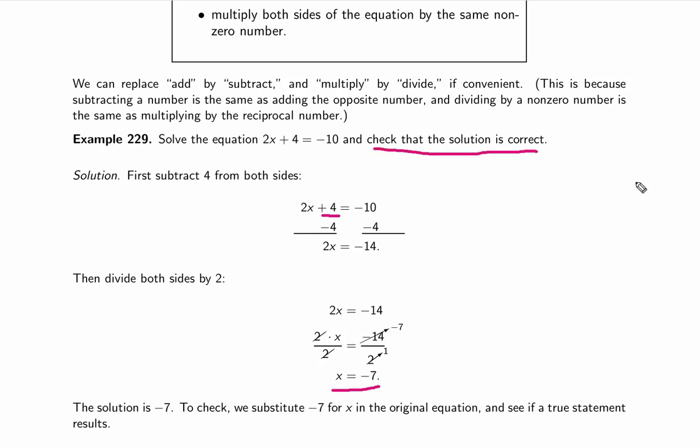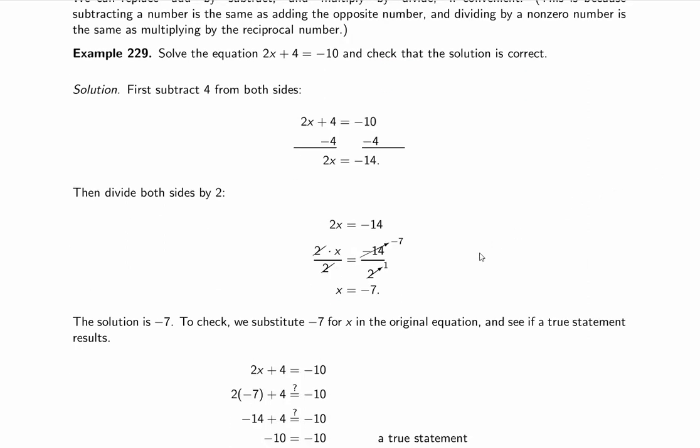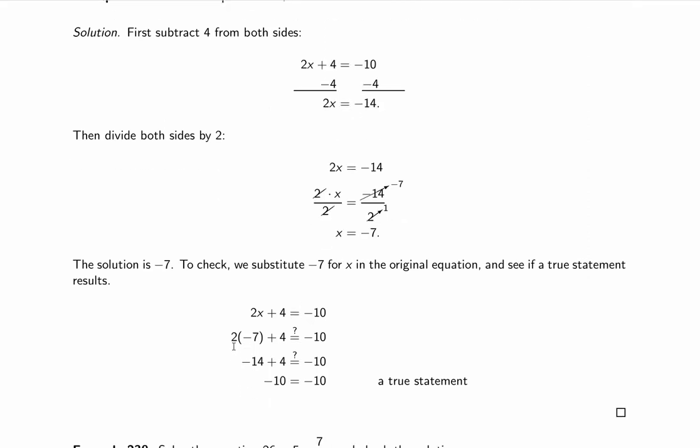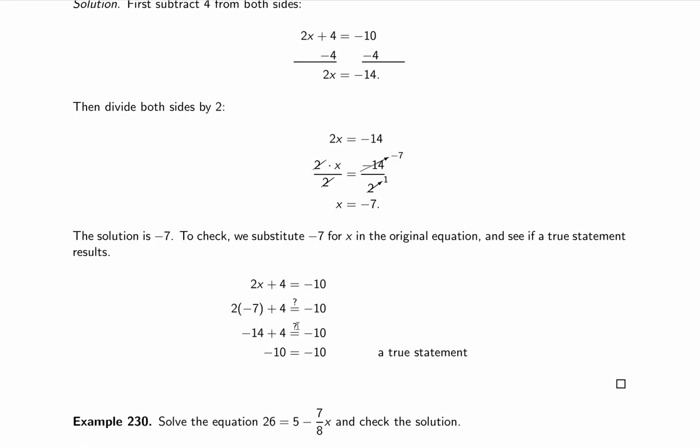Let's check it's correct, see if we've made a mistake. So substitute negative 7 for x in the original equation. So it's 2 times negative 7 plus 4. Is that equal to negative 10? We can write it with a question mark.